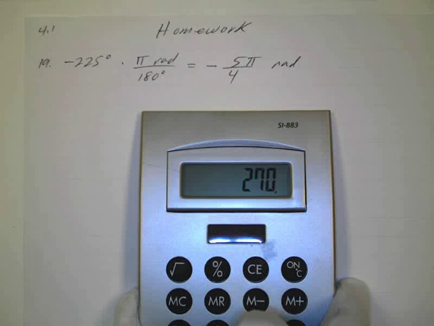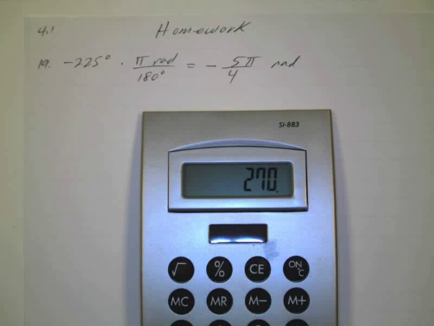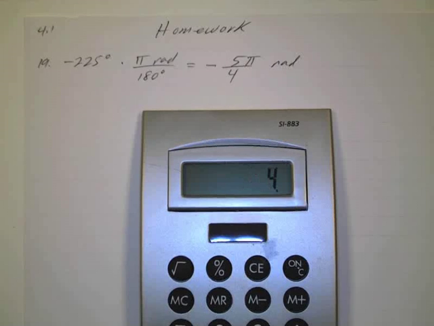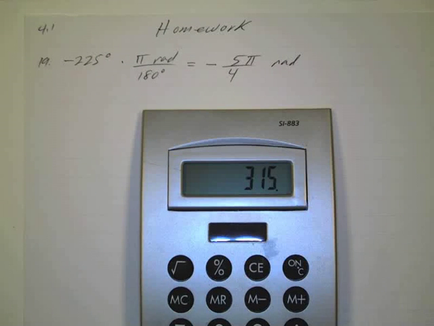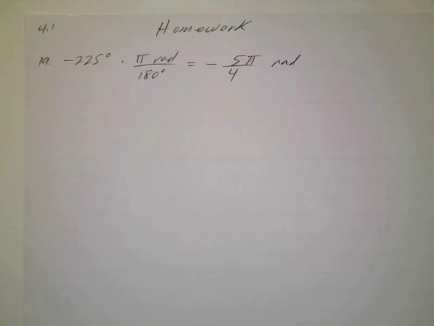And add another 45, I think you get 315. Let's see, plus 45 equals 315, and plus another 45, you get 360. So you can check these multiples of 45s out.